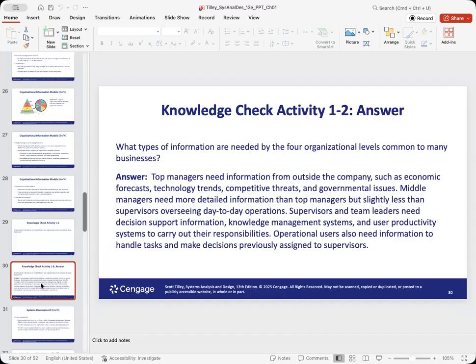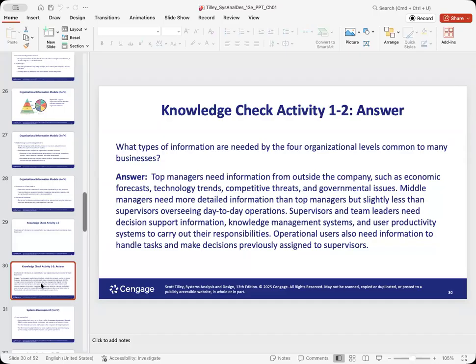Now do you understand? Because top managers need economic information. You remember that within an organization, the top managers are the ones that do business economic forecast. They project or predict that, oh, this is what we're supposed to have. Maybe next year we'll have to have sales of maybe 1 million Ghana cedis. You understand?